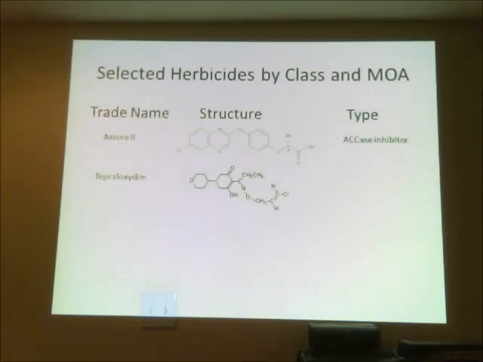Tetraloxydim is one compound which would probably be categorized as a cyclohexenone type of compound. This is cyclohexene right here. This is a cyclohexenone. So that's how we would categorize that compound. This is a phenoxy type of structure. Here's the phenyl and the oxygen over here, so that's a phenoxy. And these things are, as I said, ACCase inhibitors.